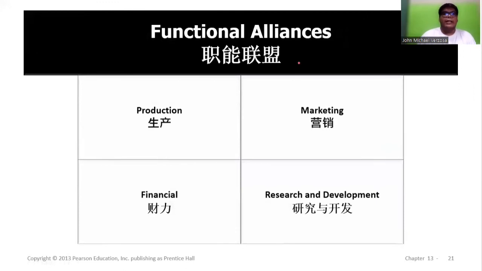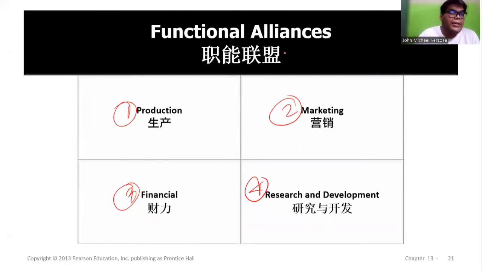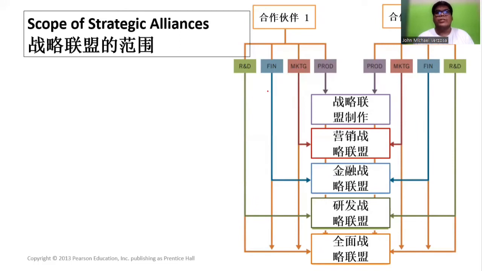Now, for the functional alliances, usually this is for a department. The companies in a strategic alliance can choose which department or functional alliance they should utilize. 战略联盟中的公司可以选择他们应该使用哪个部门或职能联盟。 Okay, so for example, this is the scope of strategic alliance.